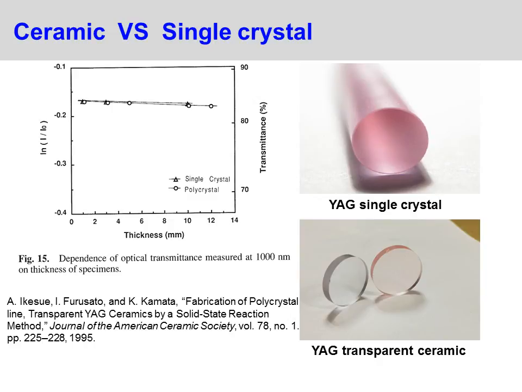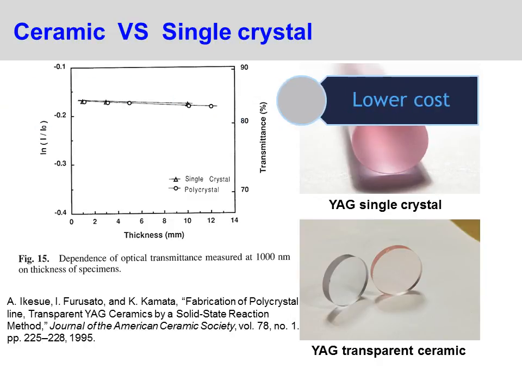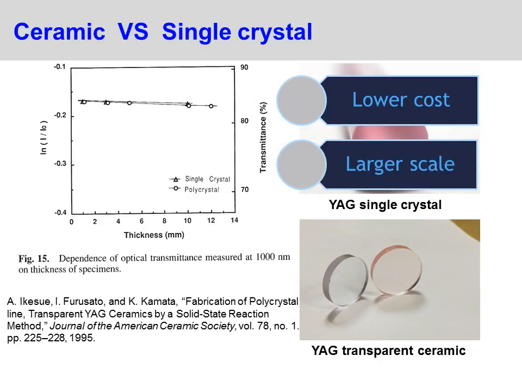What's more, ceramics have some advantages over single crystal. First, the cost of ceramic is much lower than single crystal. Then it's very easy for transparent ceramic to achieve a large scale and various shapes. But we all know that the shape of single crystal is determined by its lattice orientation.